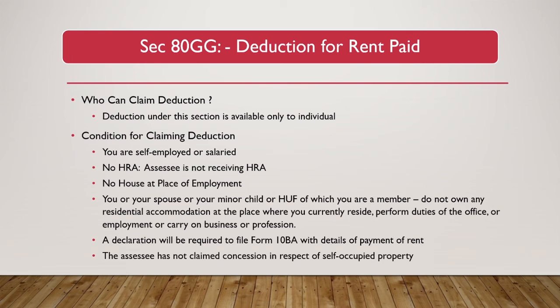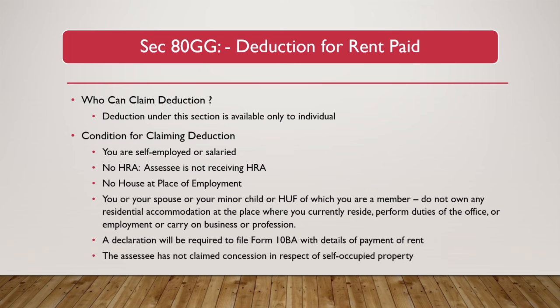There is no house at the place of employment. Even your spouse shall not own any residential accommodation at the place where you have rented accommodation. If all these criteria are met, then SSC shall file Form 10BA and fill in the details in it.